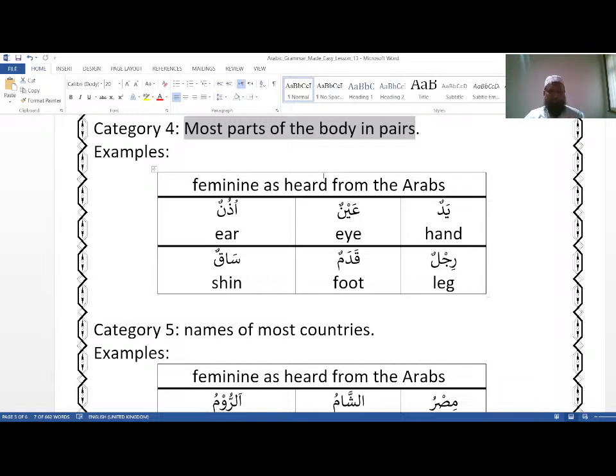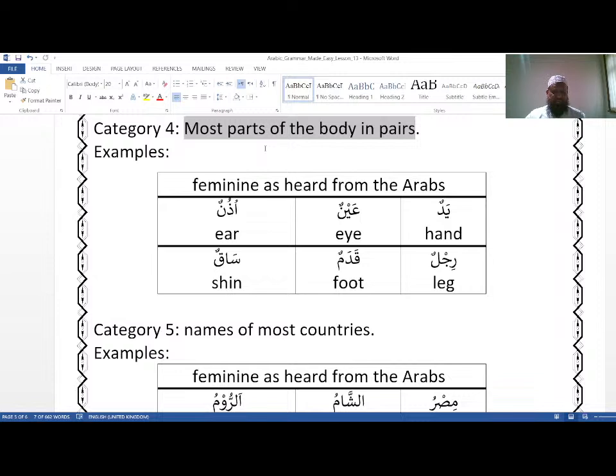I need to find that out. So don't take my word for it. Katifun, as I said, I don't know, masculine or feminine, we'll find out. But most parts of the body, all the examples here, are used as feminine: yadun, aynun, udhunun, rijlun, qadamun, saqun. What's left? Shoulders, cheeks, right? What about teeth? Okay, we'll look into that.